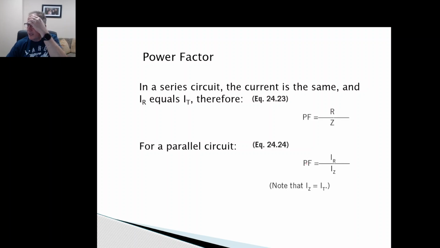And in a parallel circuit, it's the current through the resistance divided by the current through the impedance. Okay? And note that the IZ is going to equal IT in that one, because the total impedance and the total current are going to be related.